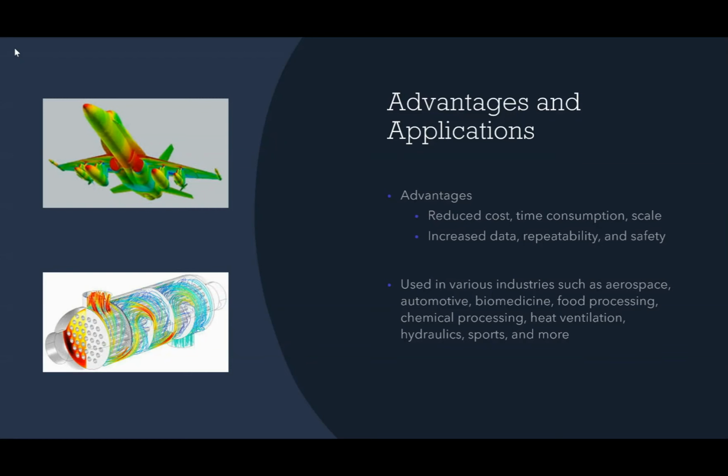These include the reduced cost, time consumption, and scale a simulation would require in comparison to a physical experiment. There is also an increase in possible data gathered, repeatability, and safety. CFD is also used in industries such as aerospace, automotive, biomedicine, food processing, chemical processing, heat ventilation, hydraulics, sports, and more.